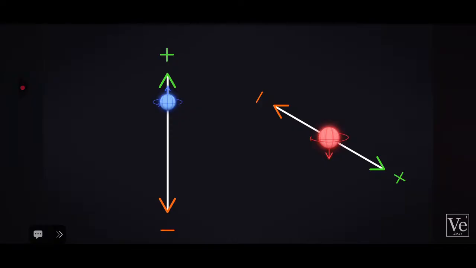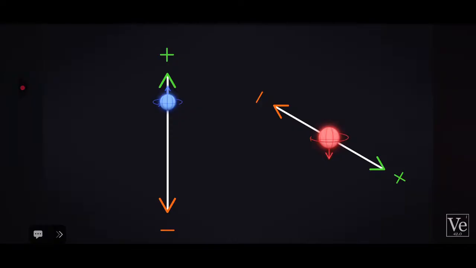So in one of those charts, you only have either spin up positive charge, spin down positive charge, spin up negative, spin up positive. Right? Or up positive negative, down positive negative. Right?